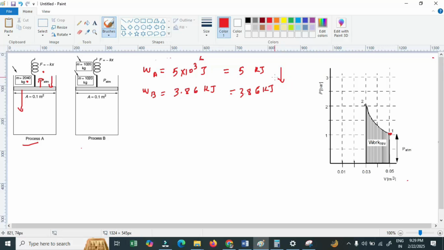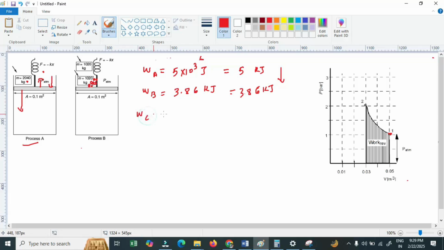And as per the problem, what is the least amount of work that can be done on the system to compress it? As we observed, as I am making the block into small pieces, the work done to compress the system decreases. If I divide the system entirely into very small pieces, the work required will be very least. So I am approaching the reversible process, where the driving force is infinitesimally small.